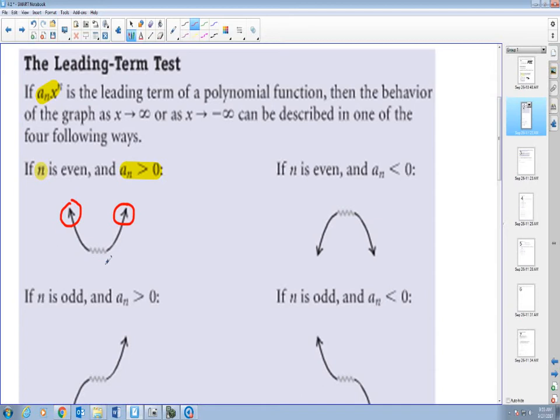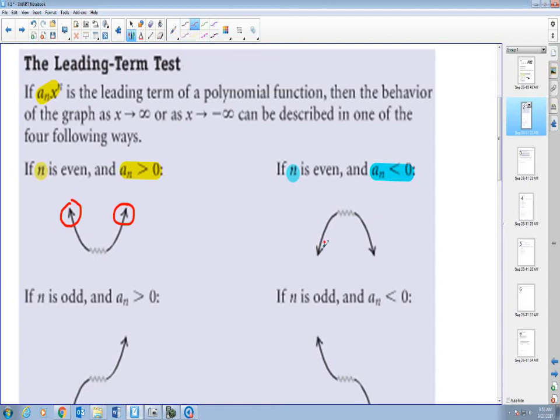The scribble part right here in the center is what's going on around the x-axis. We'll talk more about this part. If the exponent is even again, but this time my leading coefficient is negative, just like a parabola opening downward, once it points downward, it will continue to decrease.